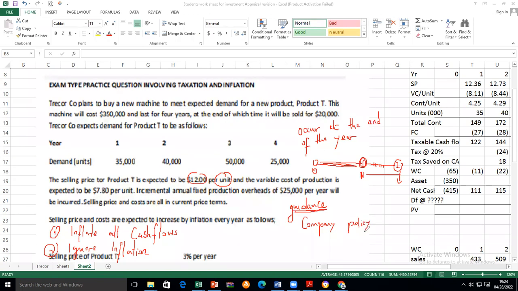What does the company do? That is number 1. Number 2, where elements are inflating at different rates. The selling price is at a different rate. The variable cost at a different rate. The fixed overhead is at a different rate. If there's a different inflation rate for each one of these, what did we learn? What approach should we follow?